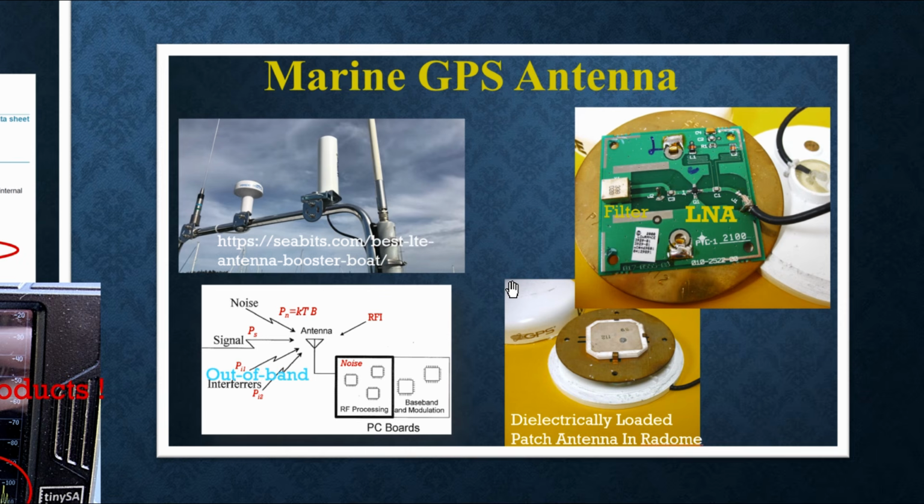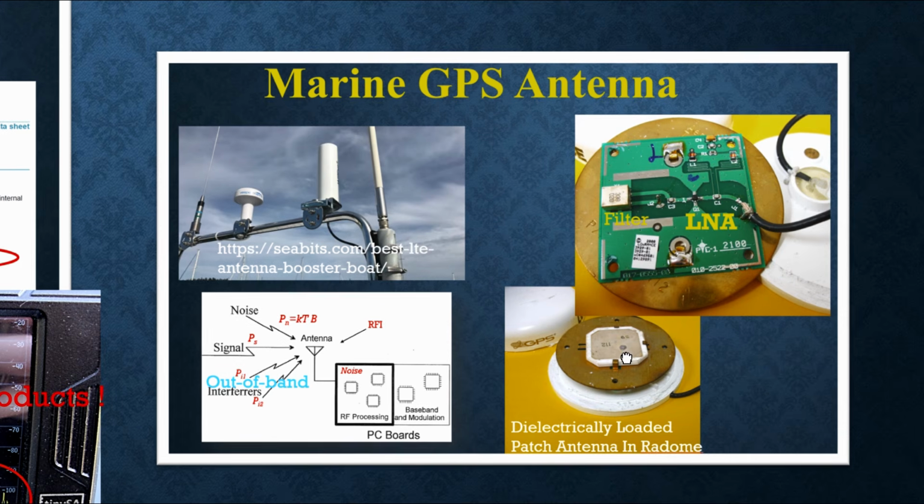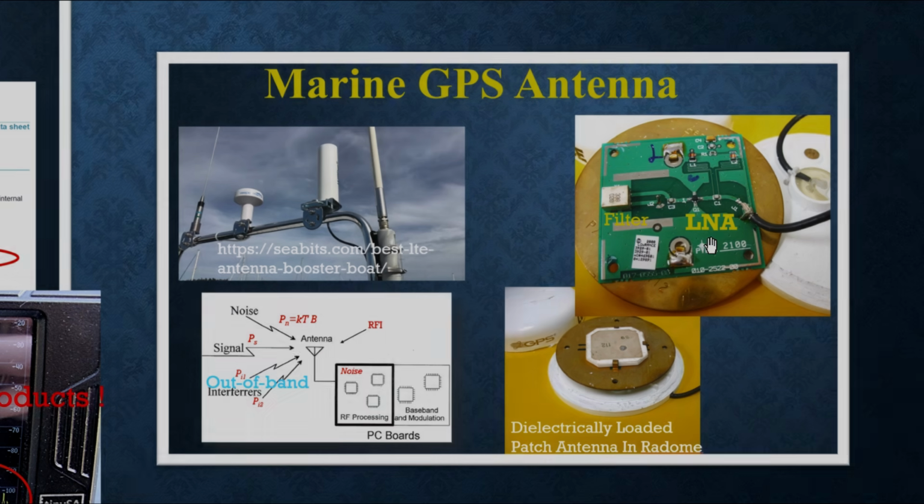If you want to design really good receivers, you need filtering at the front end. And here, this is the antenna, and there's a little pin right here that goes through to the backside, and this is the backside of this plate, and this is that pin. So the antenna signal comes in here, and the first thing it hits is a filter. And that's before you get to the low noise amplifier, which is here.